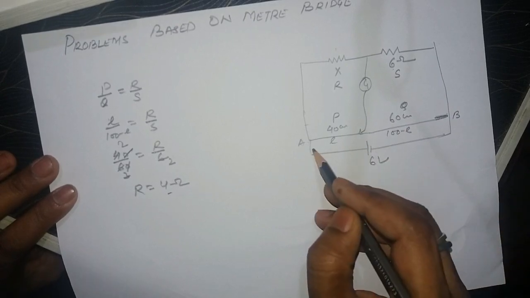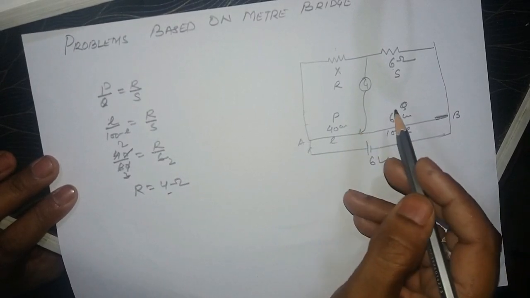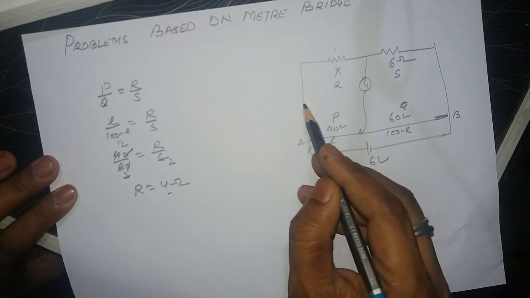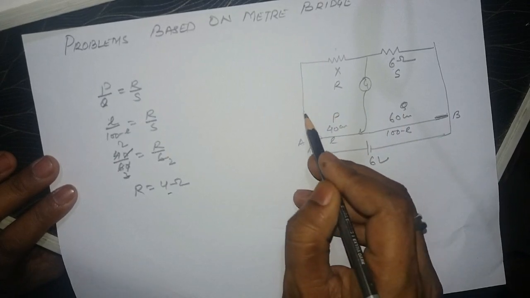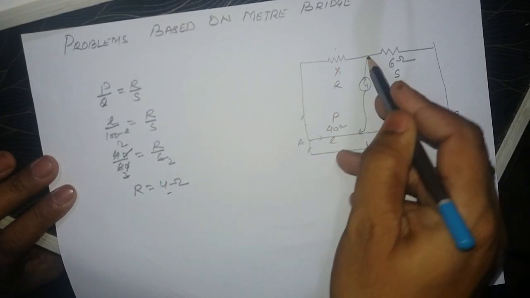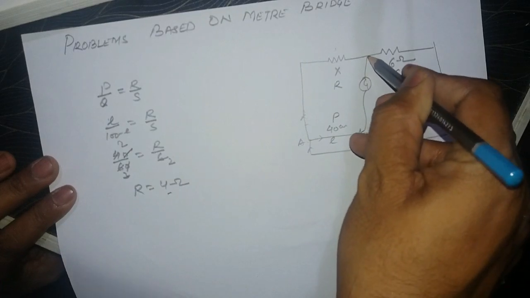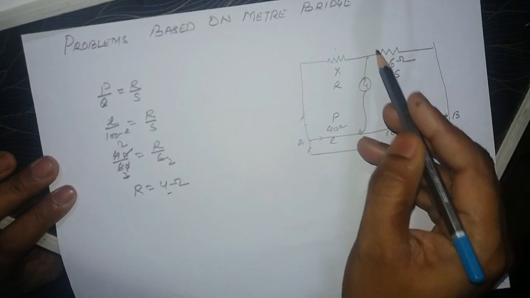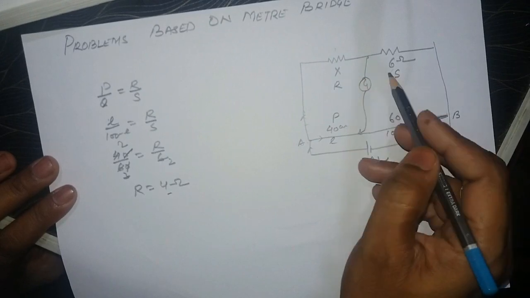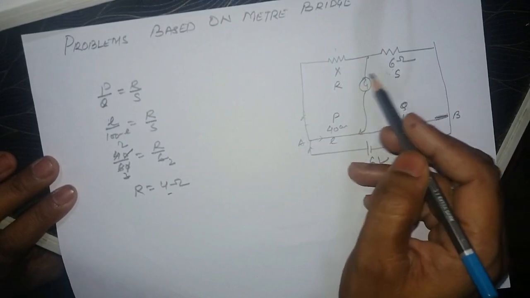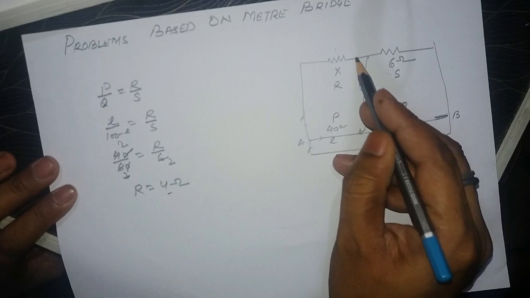and current is passing from here, correct? Now it is going to divide in this part and this part. From here it will reach this point, and since the bridge is in the balanced condition, there will be no division of the current.